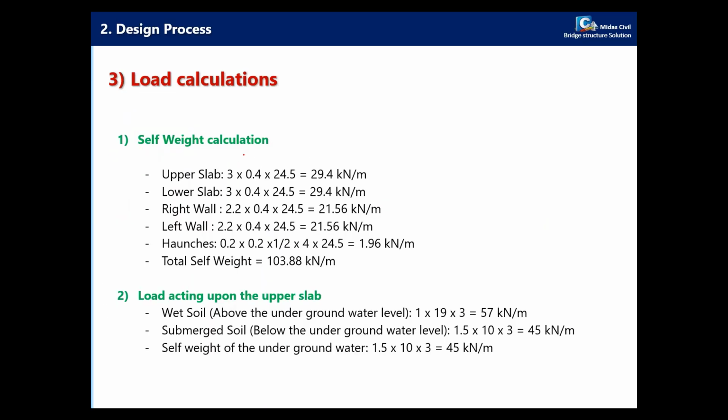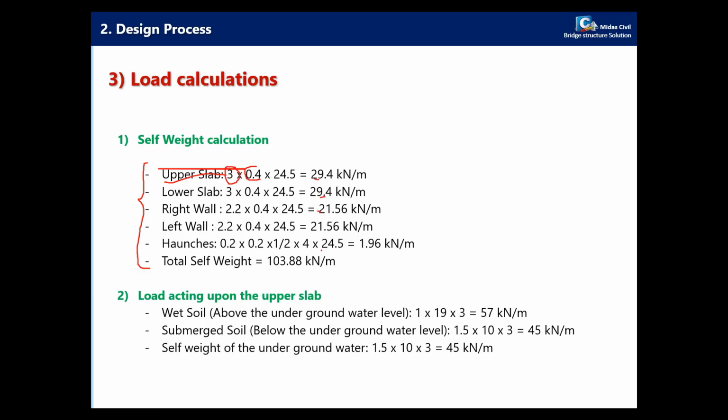To calculate the self-weight, it's really easy, and I hope that all of you have learned how to calculate the self-weight of the structure. For the upper slab, because the width of our section is 3, we are going to use 3 times the thickness of the slab times the unit weight of concrete, and then you get this value here.